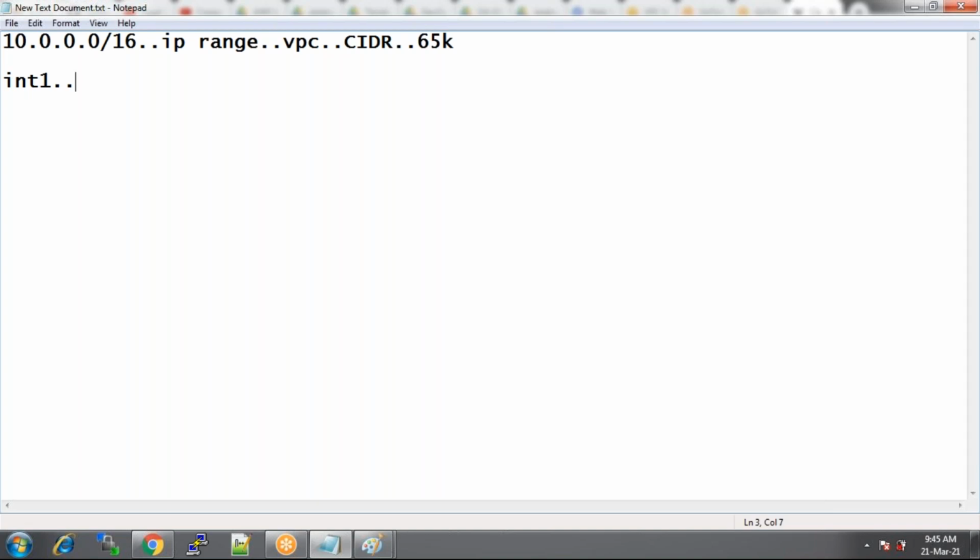Once the instance is created within that VPC, it will be given some private IP address. The IP address will be 10.0.0.1 or 10.0.0.2. Let's say I'm creating instance 2. What is the instance 2 IP address? And so on. Your VPC can create 65,000.